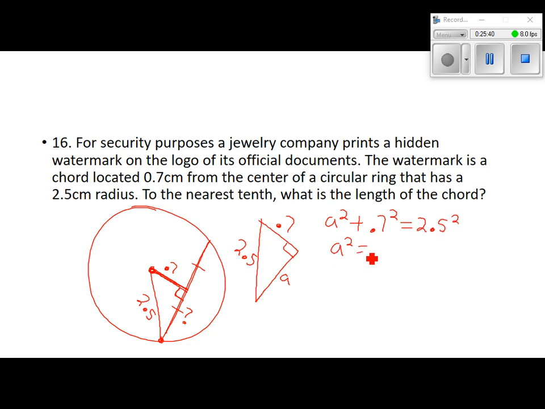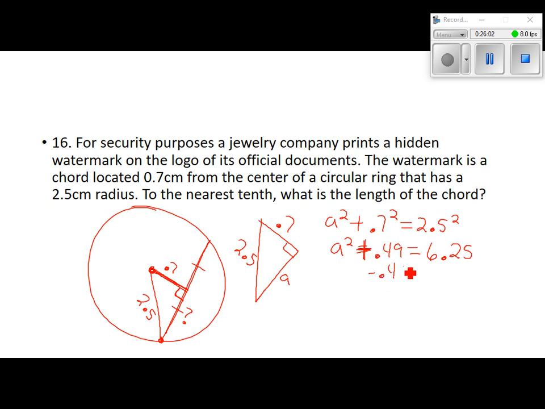A squared equals 0.49, that's 7 squared, and then 2.5 squared is 6.25. That should be a plus there, not an equal sign.